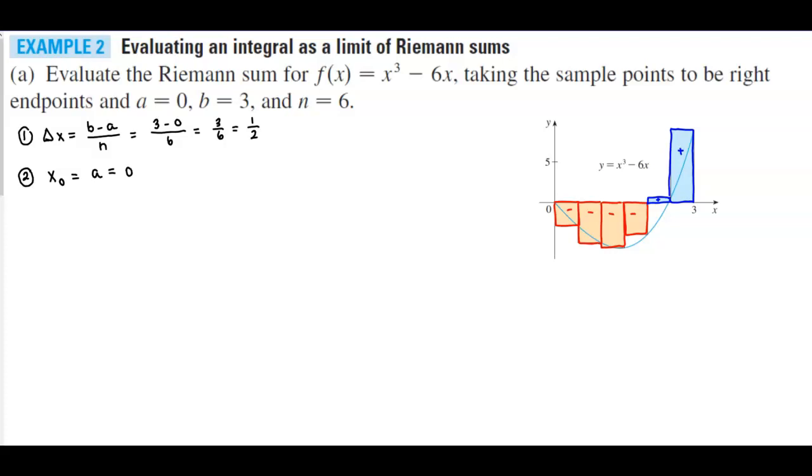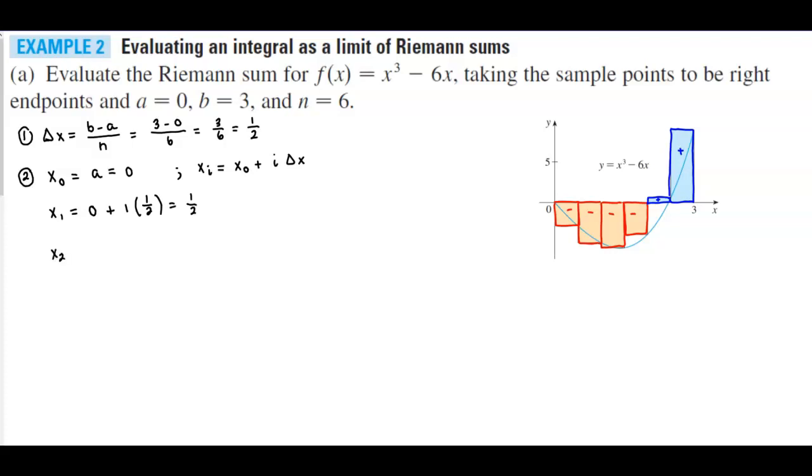Recall the formula for x subscript i, which equals x subscript 0 plus i times the width. Now we want to find x subscript 1. We take 0, which is x subscript 0, plus 1 multiplied by delta x. So 0 plus 1/2 gives us 1/2.